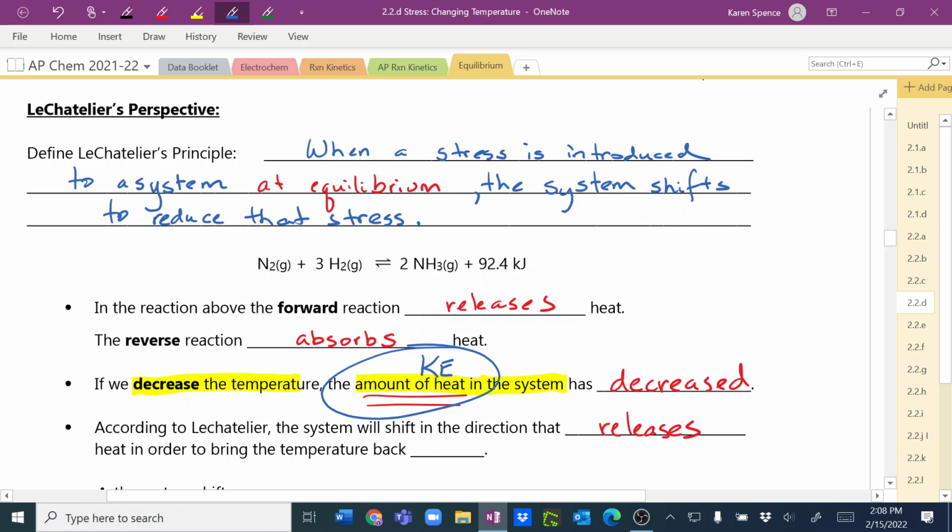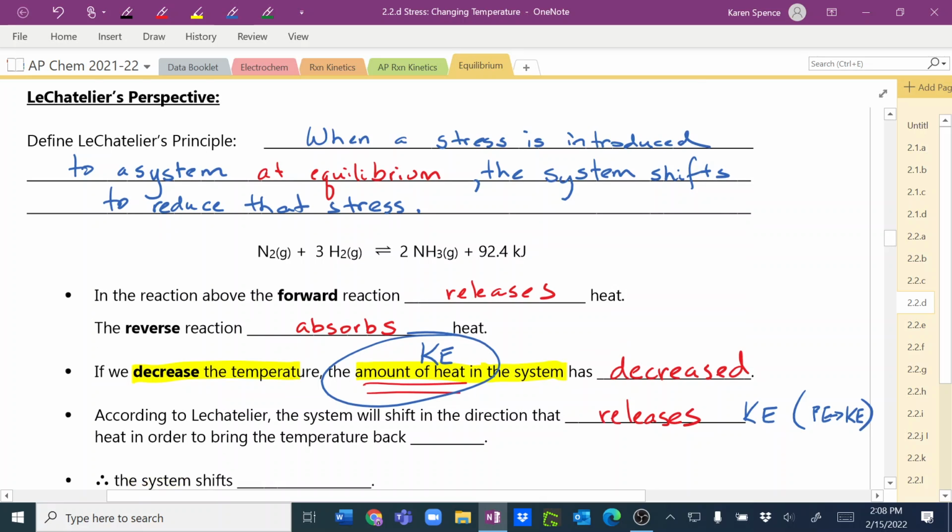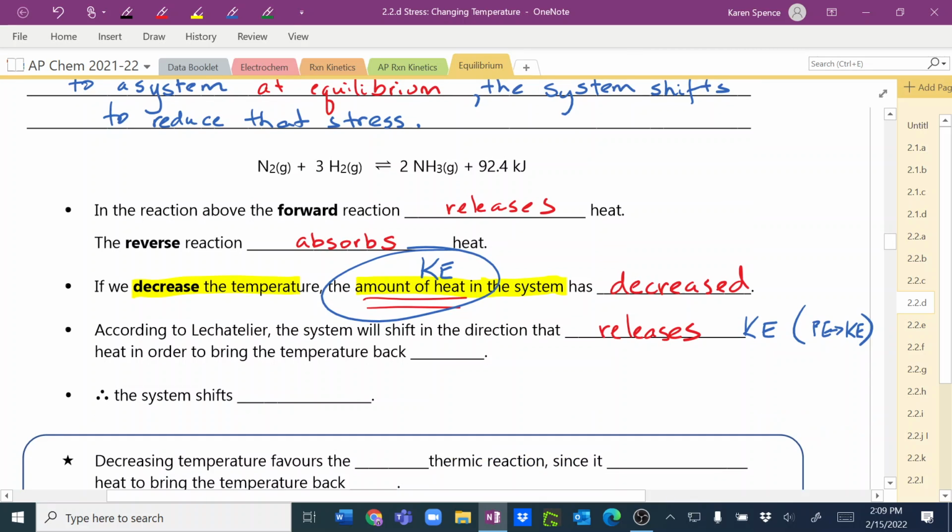So the system is going to shift in the direction that releases kinetic energy. In other words, we're turning potential energy into kinetic energy. And that's going to bring the temperature back up.